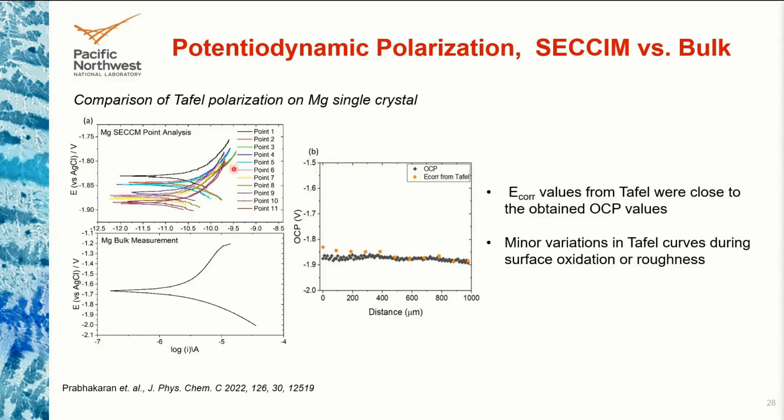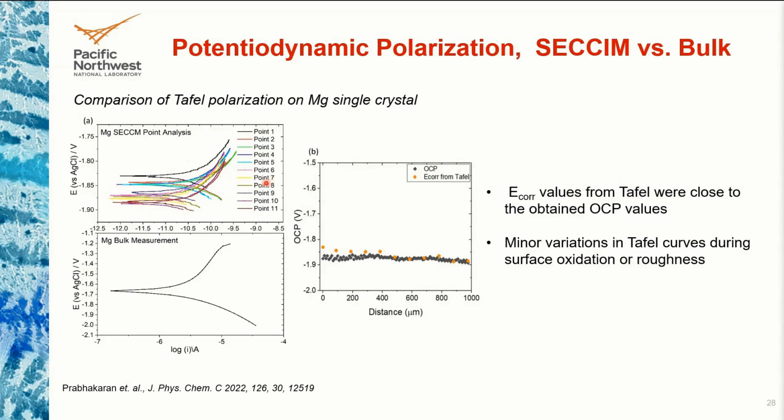But overall, we attributed this to the fact that even though we use a magnesium single crystal, there is still a chance of an uneven distribution of surface oxidation that could result in these minor variations within plus or minus 100 millivolts.